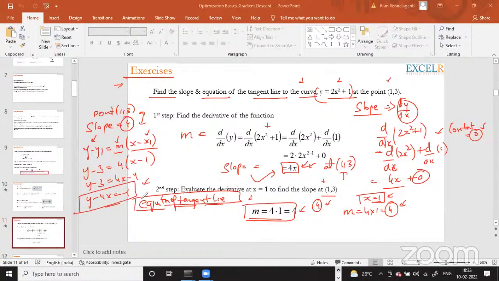This is the equation of your tangent line with slope m equal to 4 at point 1 comma 3. So y minus 4x is equal to minus 1, or I can write this as y is equal to 4x minus 1. This is the equation of my tangent line.